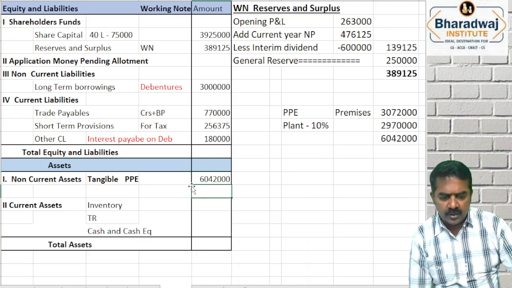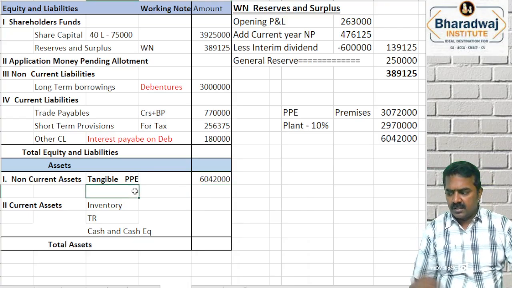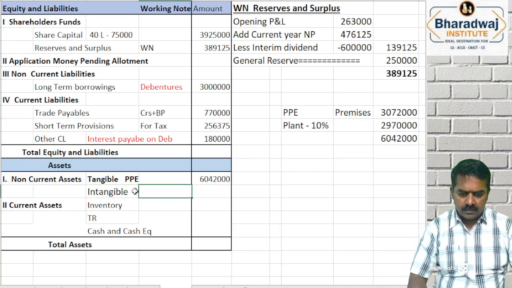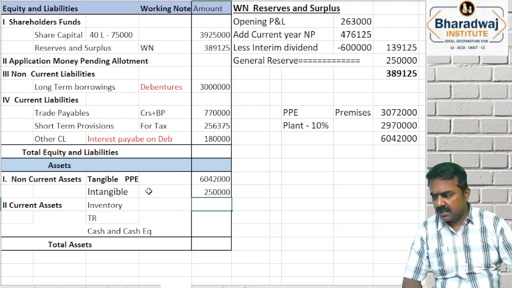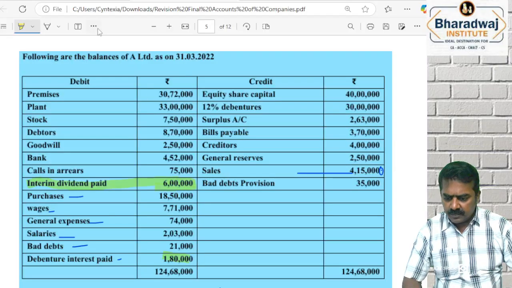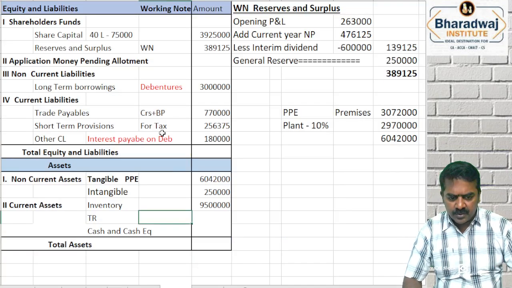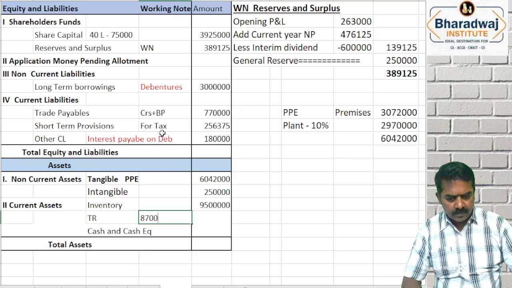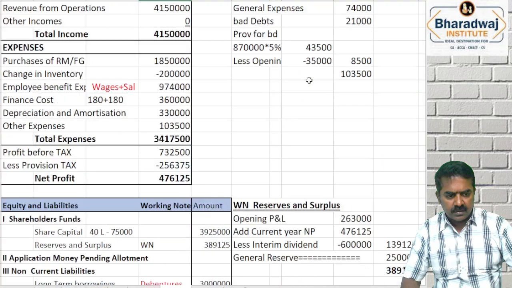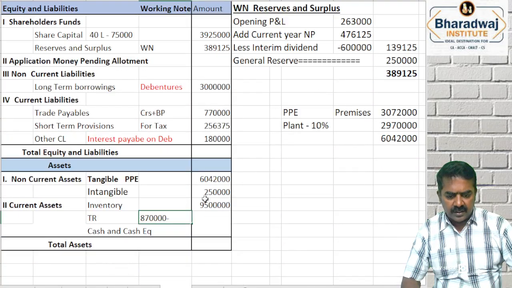Then any intangible asset in this question? Goodwill 2,50,000. Inventory is closing stock: 9,50,000. Trade receivable minus provision: debtors 8,70,000 minus provision for bad debts. The new provision is 43,500.